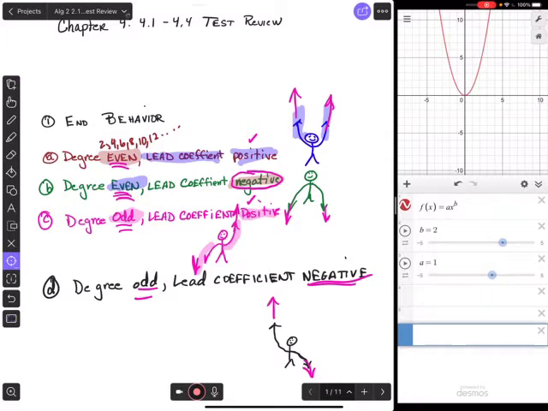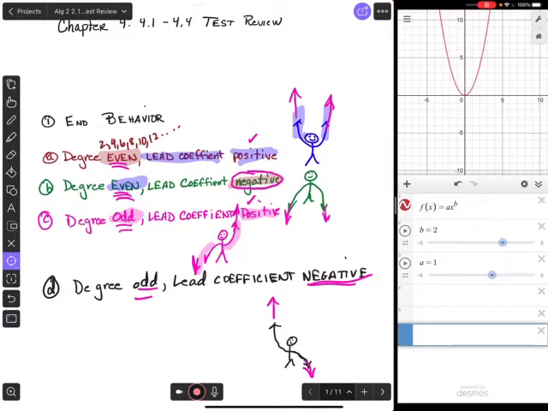All right? And then if we're odd, they do the opposite. One goes up, one goes down. How do you decide? Well, positive ones, again, the right-hand side goes up, just like it did for positive with even leads. Okay, so it's like you're trying to smile, but the other side's kind of making a frown. Okay, right up, left down.